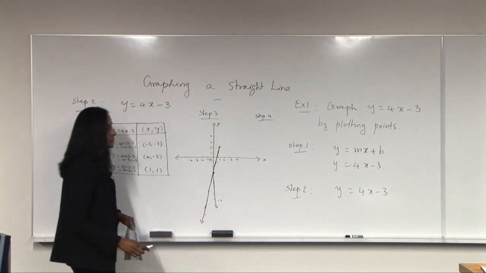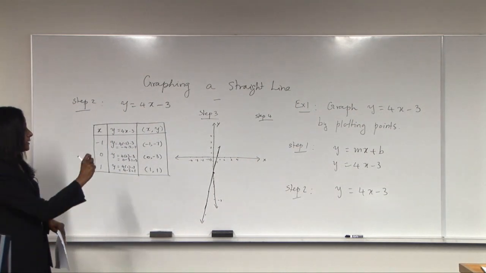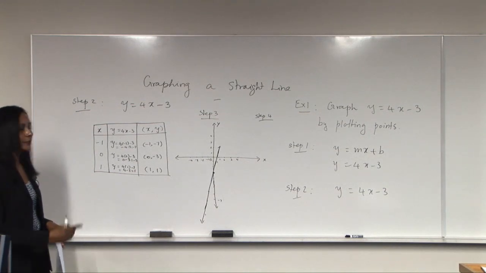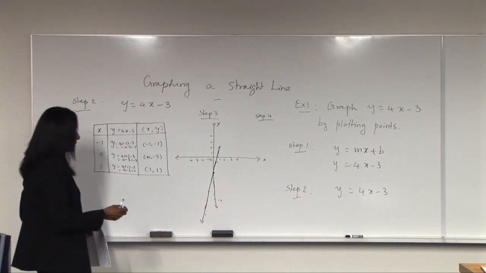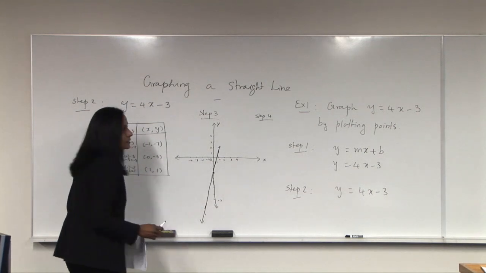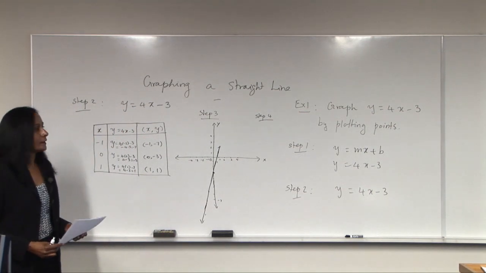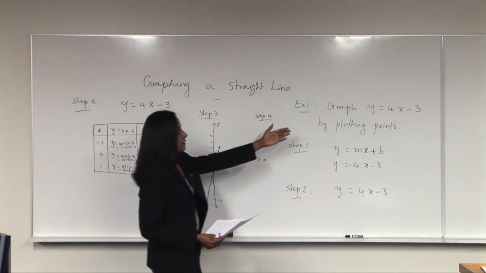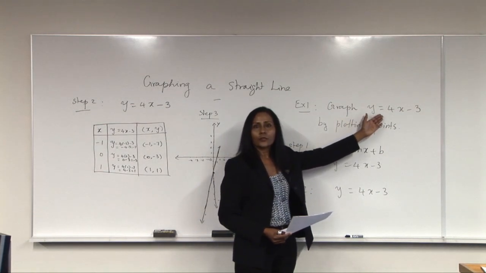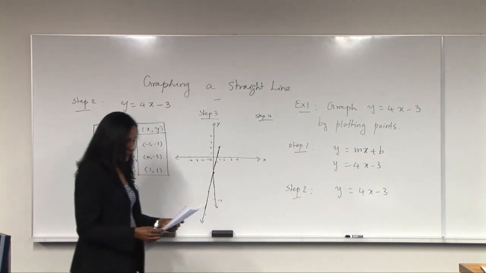If you use a graph paper, you will see the exact points, and the graph will be a perfect graph, okay? So this is how you graph a linear equation like y is equal to 4x minus 3. I'm going to do another example.